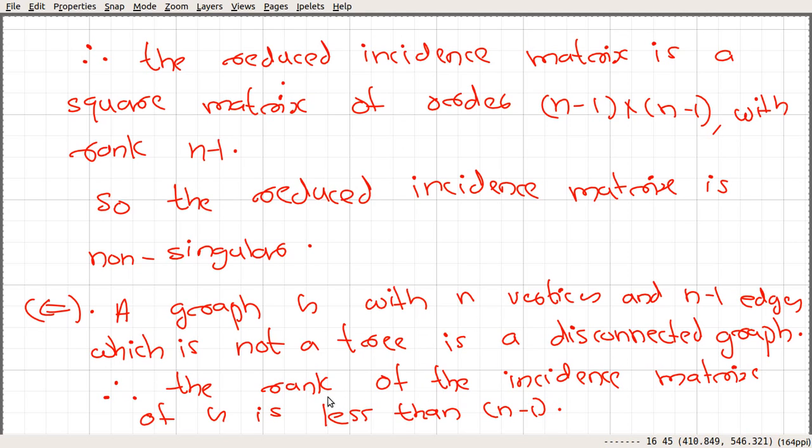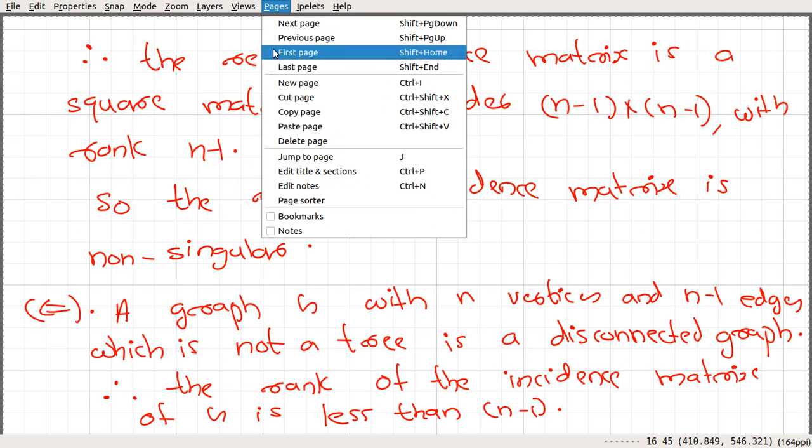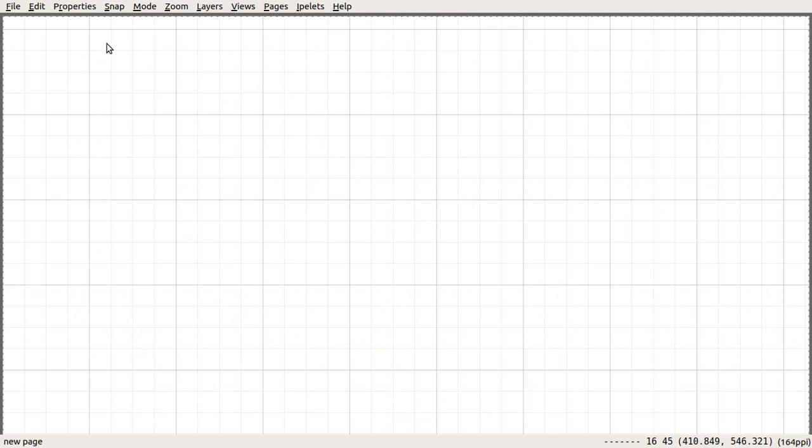So the rank of the incident matrix of G is less than n minus 1, so it will be like n minus 2 or n minus 3 or something like that. And that says if you look at the reduced incident matrix, it has rank less than n minus 1.